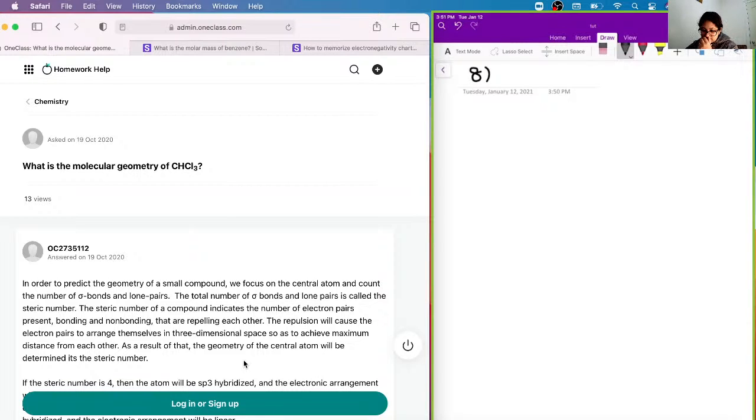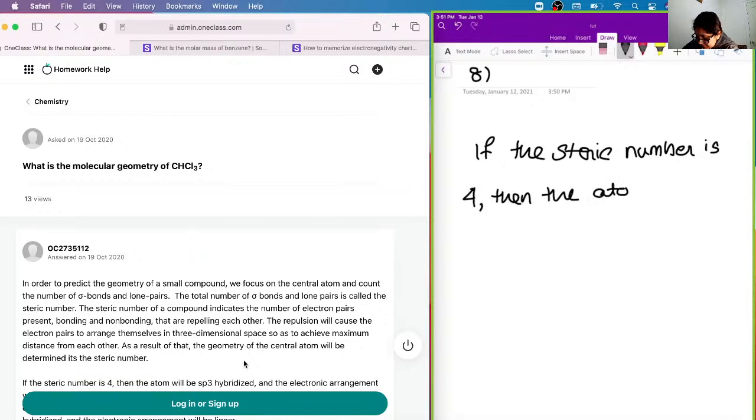And so if the steric number is 4, then the atom will be sp3 hybridized. So this is where you don't have double bonds, right?